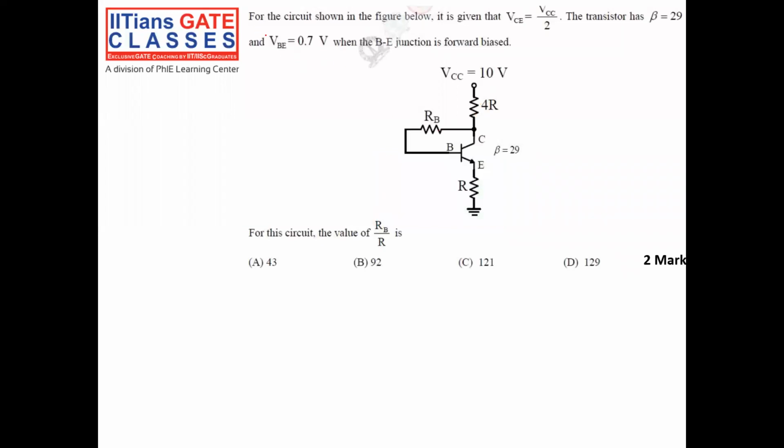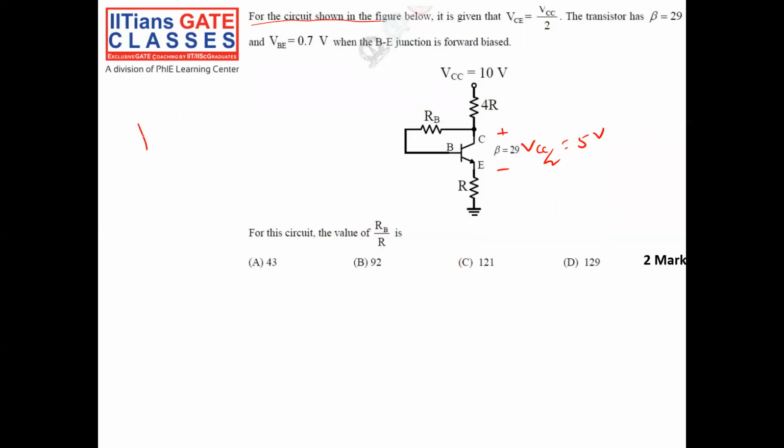The first question is, in the circuit shown in the figure below, it is given that VCE, the drop from collector to emitter, is VCC by 2, which is 5 volt, because VCC is 10 volt. The transistor has a beta of 29.